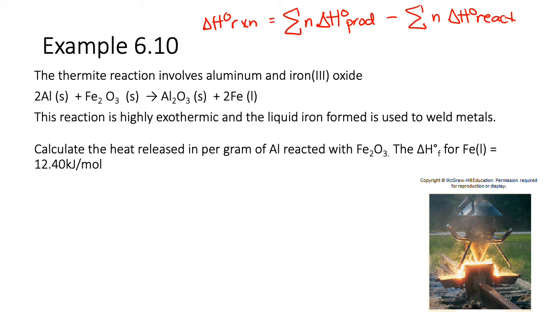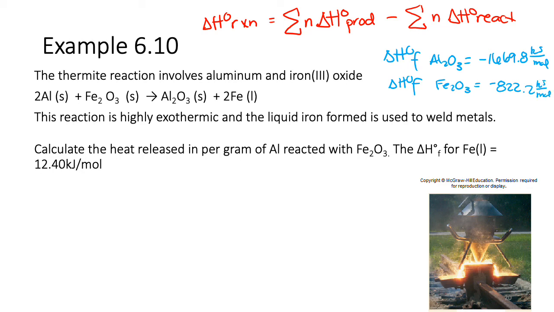You find the delta H naught of formation for aluminum oxide, which equals negative 1669.8 kilojoules per mole. I need to find delta H naught of formation for iron(III) oxide, which is going to be negative 822.2 kilojoules per mole.